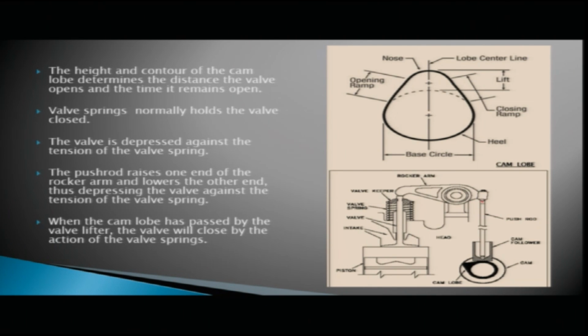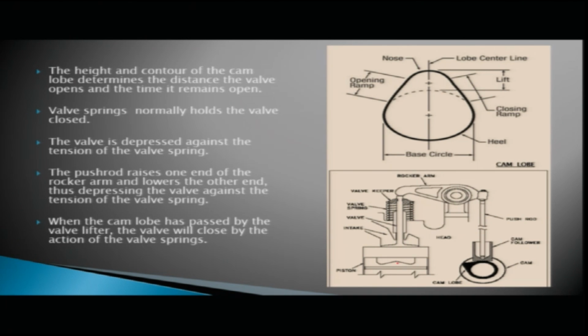The push rod pushes the rocker arm, which is hinged at this point. When this side goes up, the other side goes down and pushes the valve. This is the valve, and it is held by the valve springs.